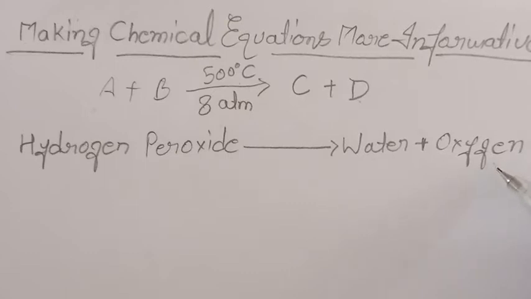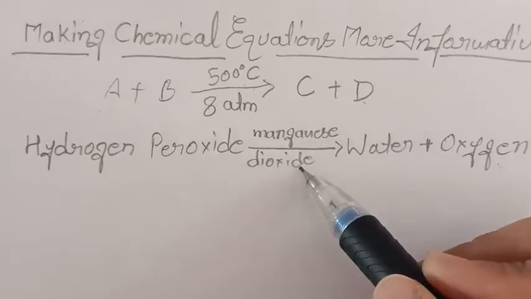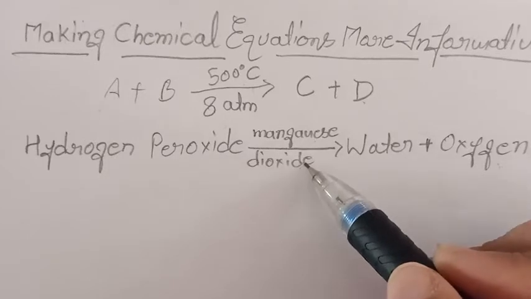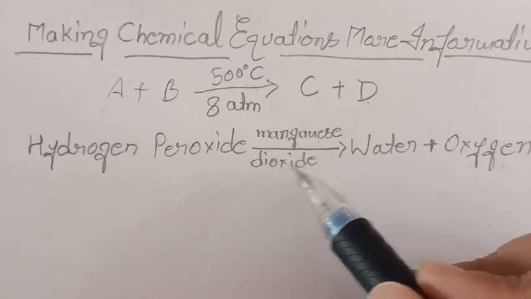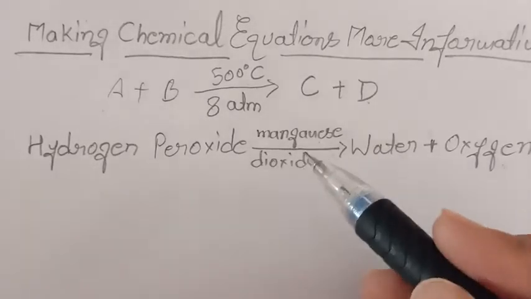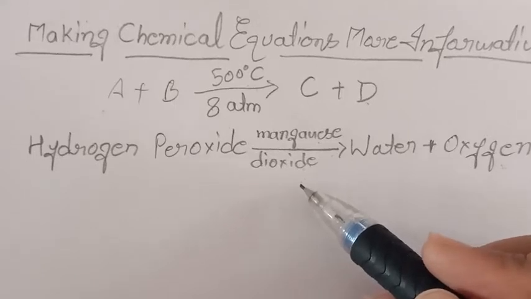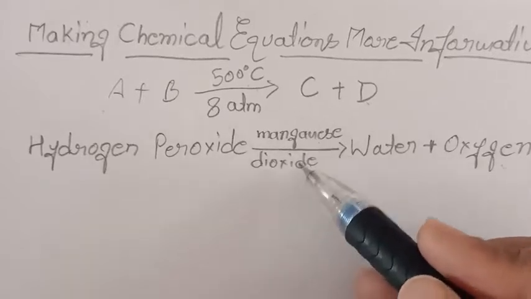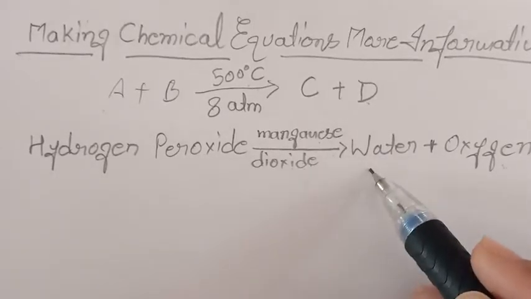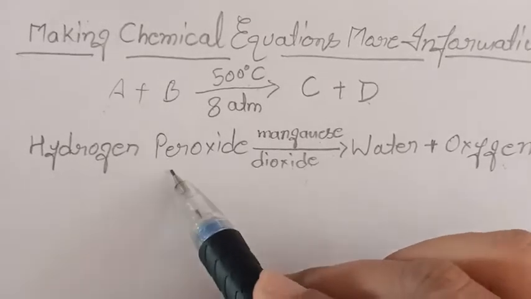But the reaction takes place quickly in the presence of manganese dioxide, and this manganese dioxide being the condition, it is written over the arrow. It acts as a catalyst, meaning the amount of manganese dioxide can be recovered as it is after the completion of the reaction, and it speeds up the formation of water and oxygen from the hydrogen peroxide.